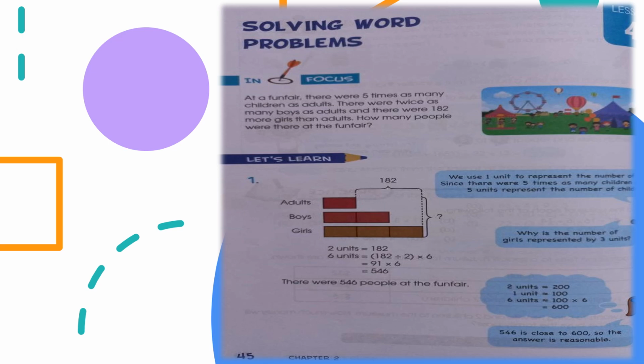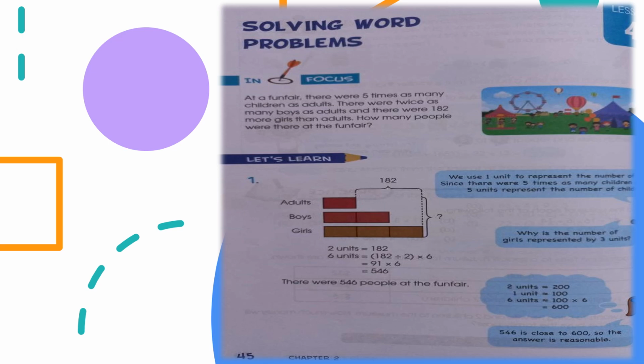So ultimately and logically, if 2 units are for the boys, because they are twice in numbers than adults, then there will be 3 units for the girls. And in comparison to the adults, 1 unit is equal, so 182 girls are more than the adults, which collectively means that 182 is equivalent to 2 units.